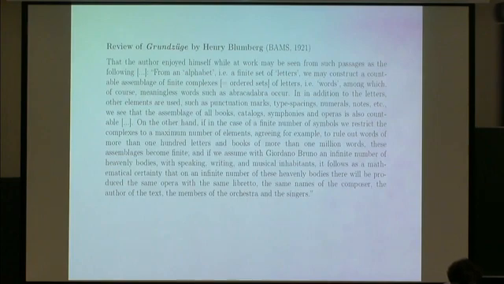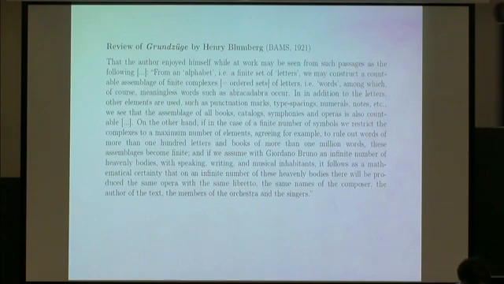On the other hand, if in the case of a finite number of symbols we restrict the complexes to a maximum number of elements, agreeing, for example, to rule out words of more than 100 letters and books of more than 1 million words, these assemblages become finite.